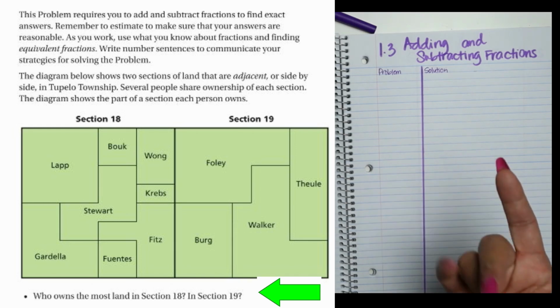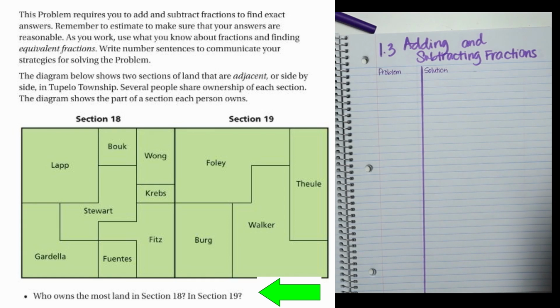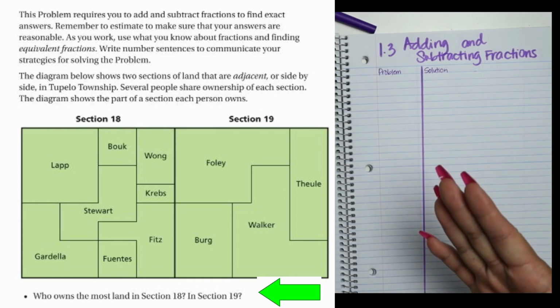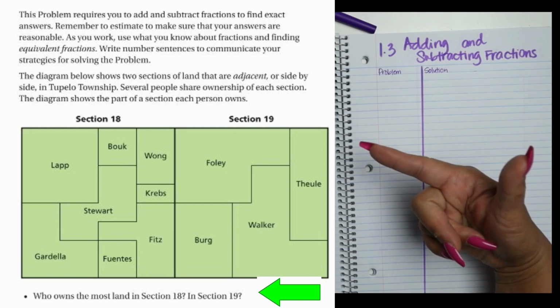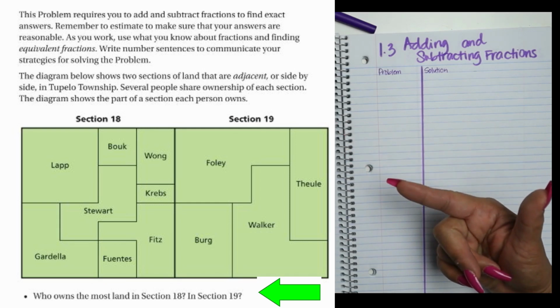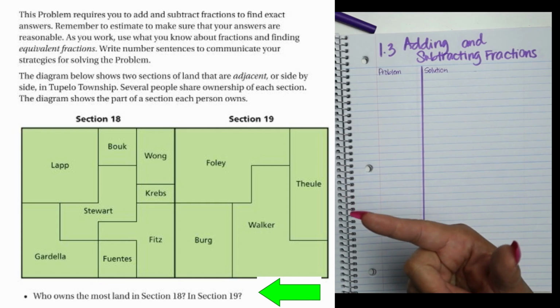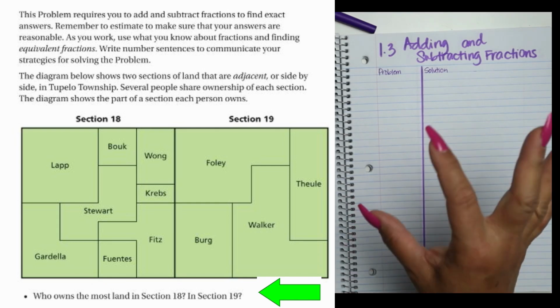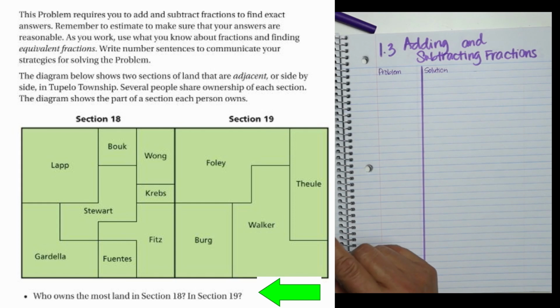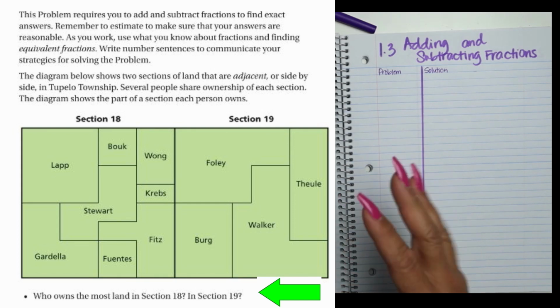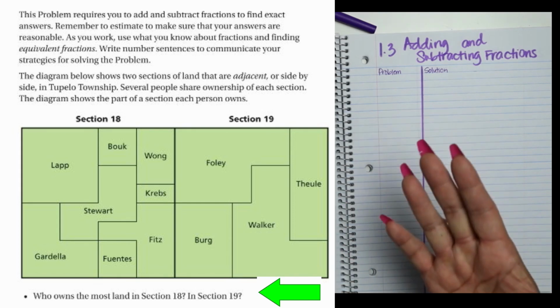Just by looking at it, you could see who doesn't own a lot of land, but it is questionable here in 19, who's bigger, Foley or Walker? And then in 18, Wong and Krebs and Fitz and Fuentes definitely have smaller lands than Lapp, Stewart, and Gardea. But we need to know exactly how much.